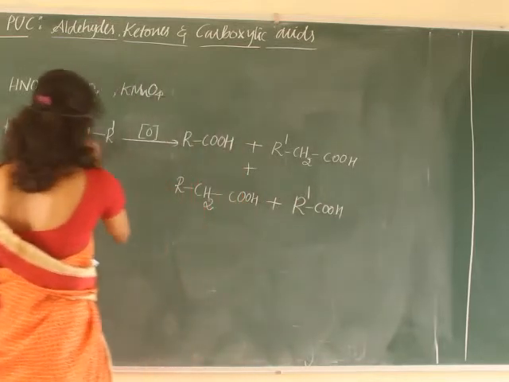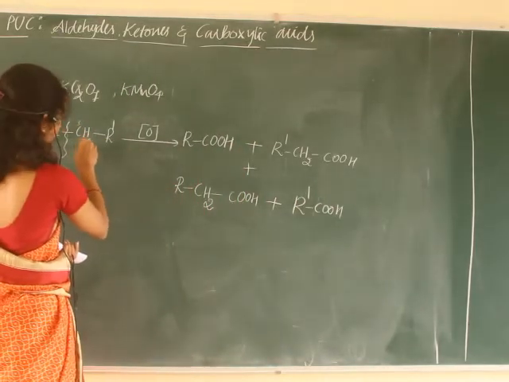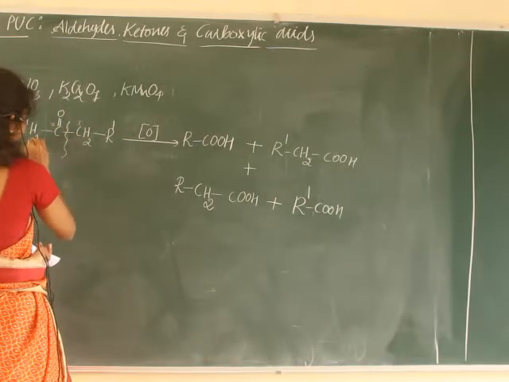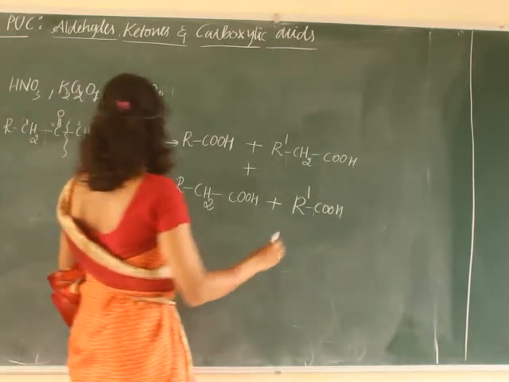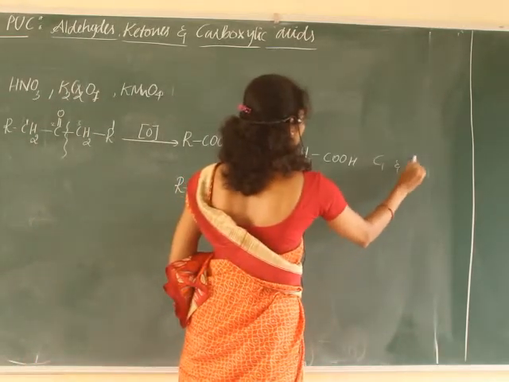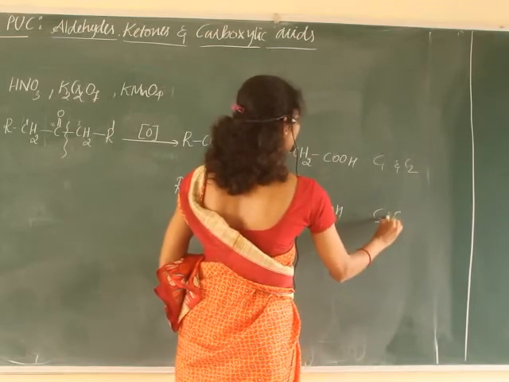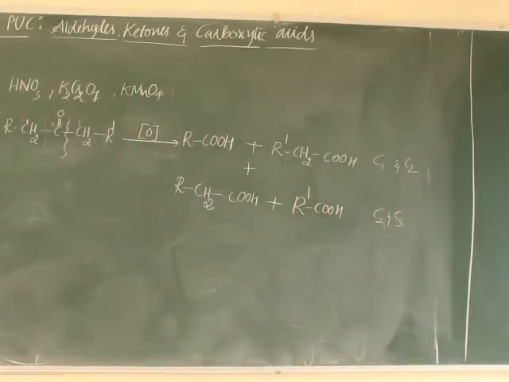If this bond breaks, then R'COOH and RCH2COOH, two products are possible. Here breakage of the C1 and C2 bond, here the C2 and C3 bond breaking. Right? Next, as I said, oxidation of aldehyde.